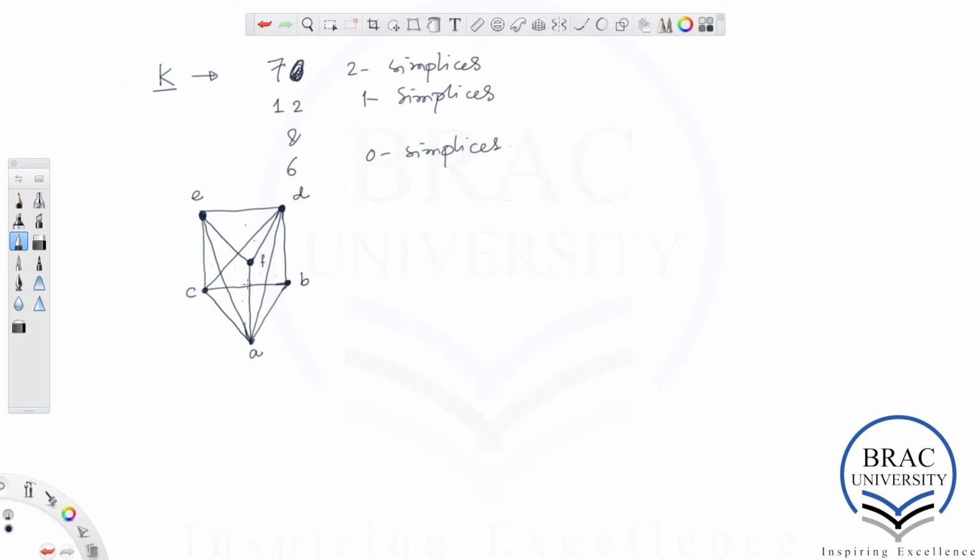Oh no, these triangles are absent, so there are 6 actually. I beg your pardon. There are 6 two simplices, and you can check that there are 12 one simplices and there are 6 zero simplices.